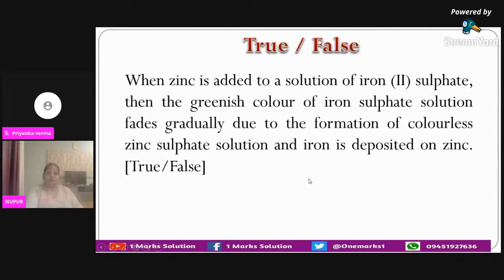Is it true? Will it happen? Well, it's quite true. Zinc is very reactive and it can displace iron from iron sulfate, and iron 2 sulfate is greenish color. So as it gets removed or broken down, therefore the green color will start fading.